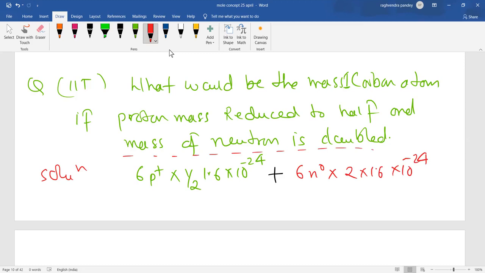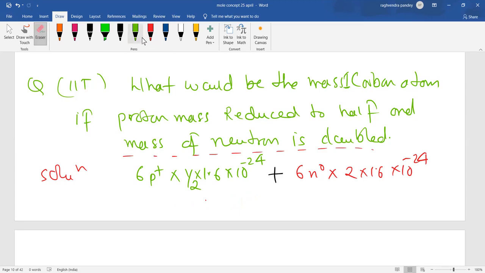6 common into 1.6 into 10 to the power minus 24. This one we should write, multiply. I should write it more clearly.